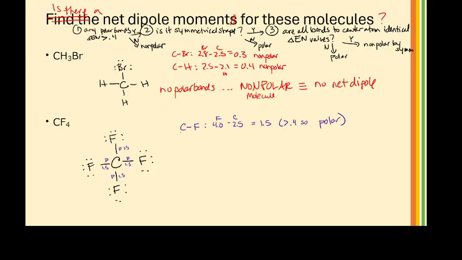So question 2, shape. I'm looking at that center carbon. Carbon has 4 bonds plus 0 lone pair equals 4 total, with 0 of them being lone pair.